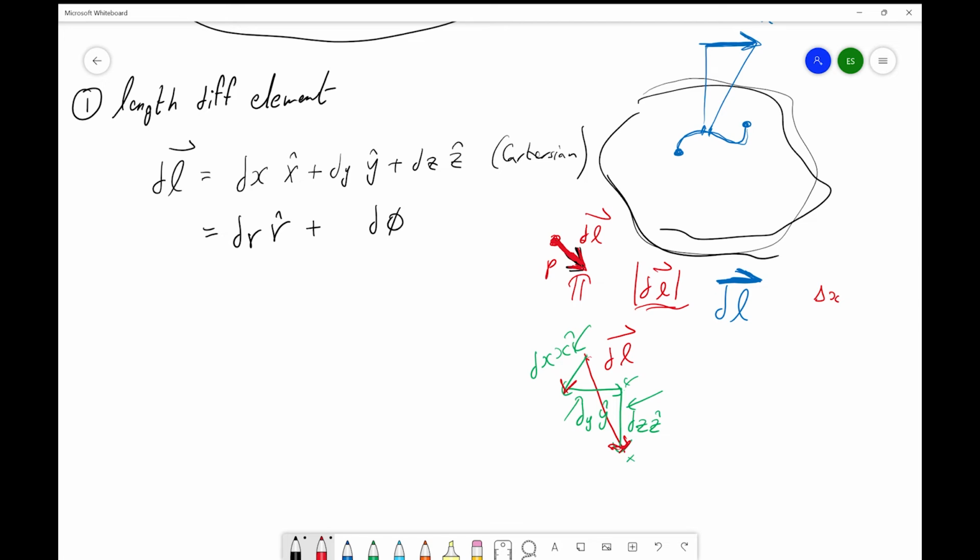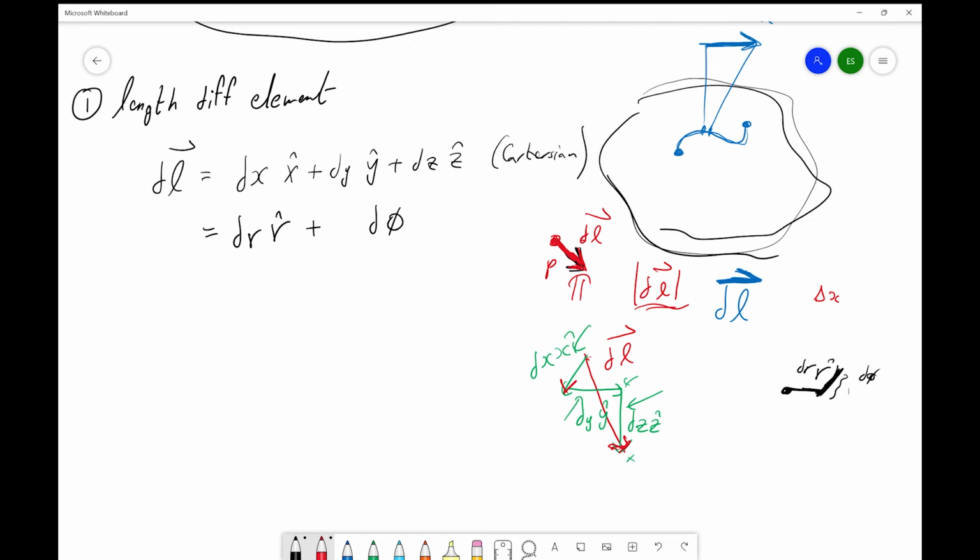So when we are starting at a point and then we move across the r direction, so this is r hat dr, and then we increase phi. Phi is increased in this way. D phi by itself is not a length. It's an angle. What's the length here?